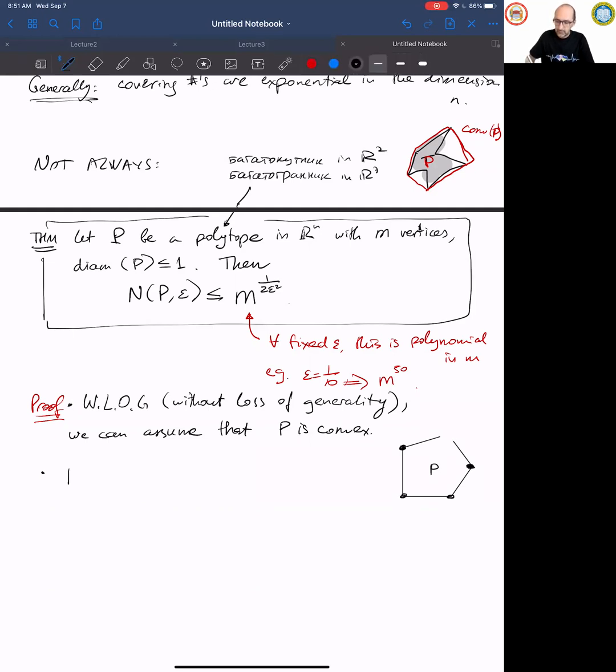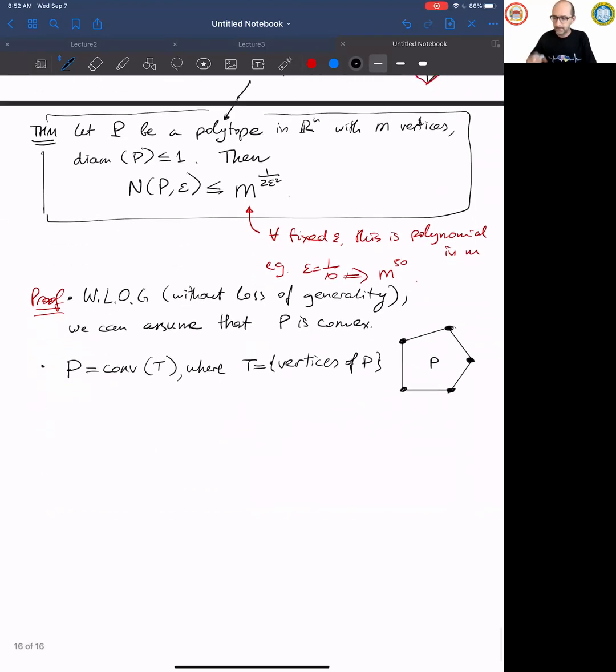I can take these vertices marked as these dots, and the convex hull of these points will be exactly the polytope. So P equals the convex hull of T, where T is just this discrete set of the vertices of P.